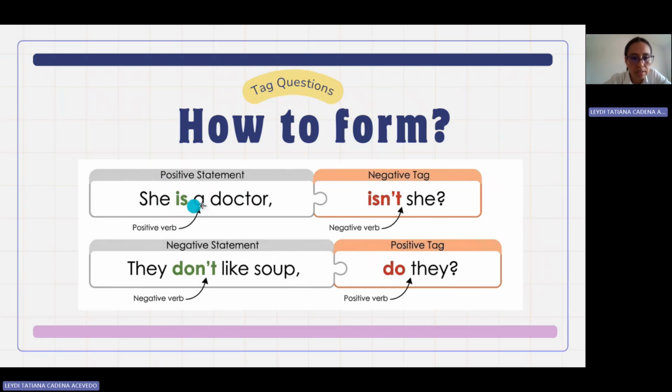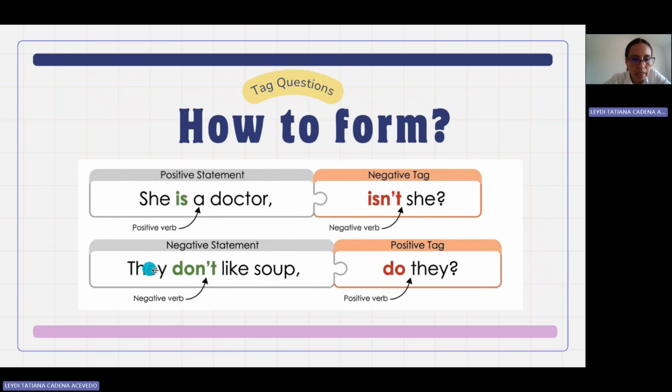In this case, she is a doctor. She is the subject. It goes at the end of the tag question. And is is the auxiliary verb. It is positive, so we change it to negative. Isn't she? Ella es una doctora, ¿cierto?